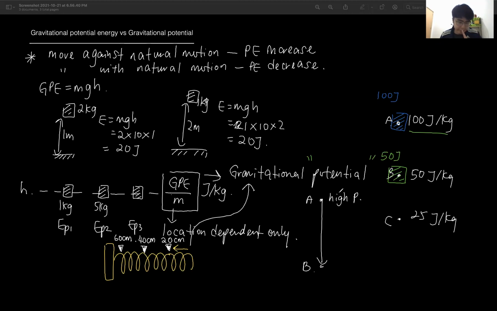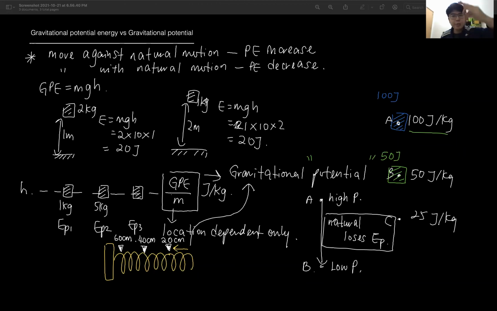Potential increases with height, okay? And this is a point of low potential. So if the natural motion is downward, that means as it falls down, the object loses potential energy, okay? So I can conclude that the natural motion of a body is from high potential to low potential, always, and it applies everywhere.